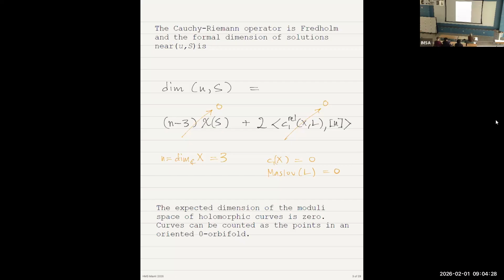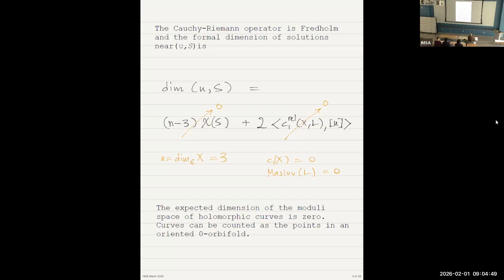The first term in this case vanishes because the complex dimension of the ambient space is 3, so real dimension 6. And the second term vanishes because we are in the Calabi-Yau case, so the first Chern class is 0, and Maslov 0 means that the counterpart for relative homology classes also holds.